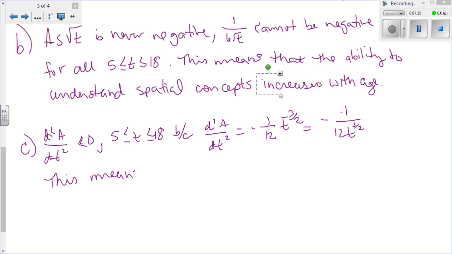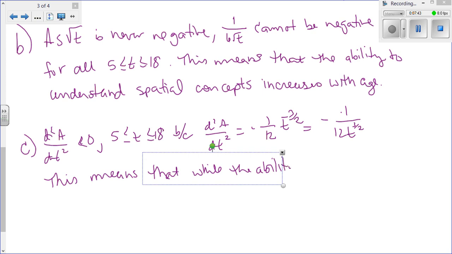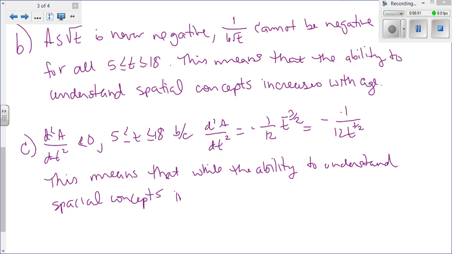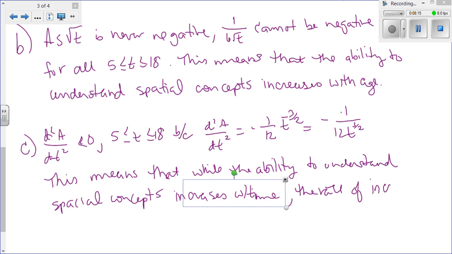So this means that while the ability to understand spatial concepts increases with time, the rate of increase slows down with age.